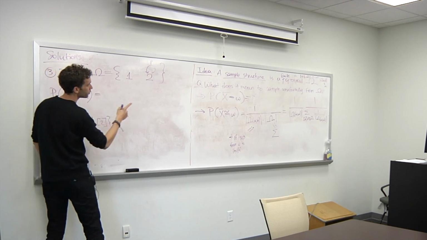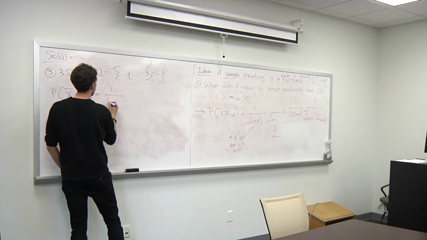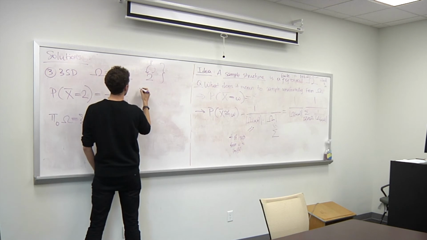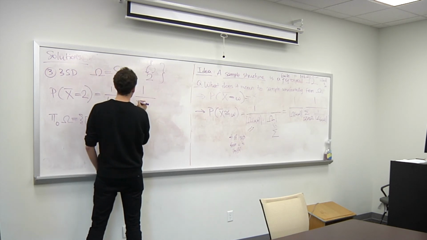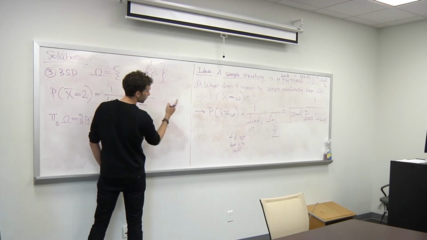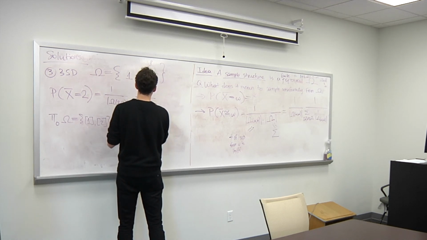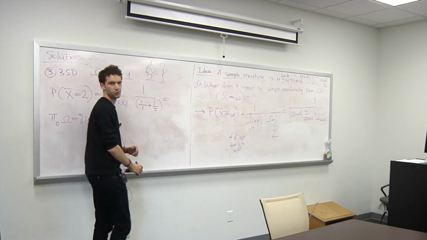So this is equal to 1 over the automorphisms of 2 times 1 over, 1 over 1 plus 1 over 2.